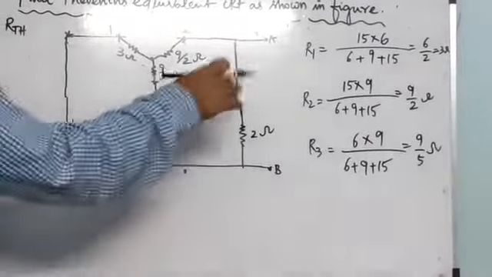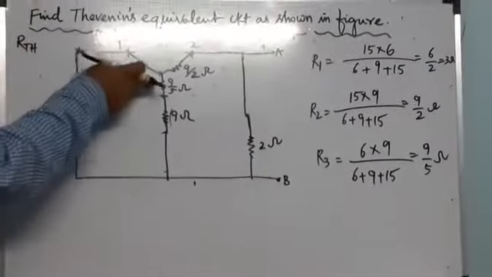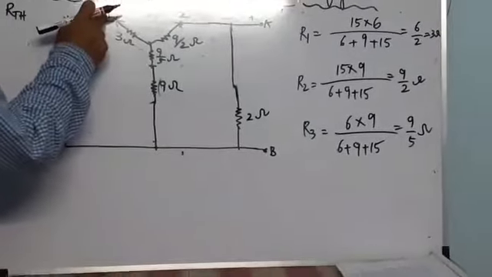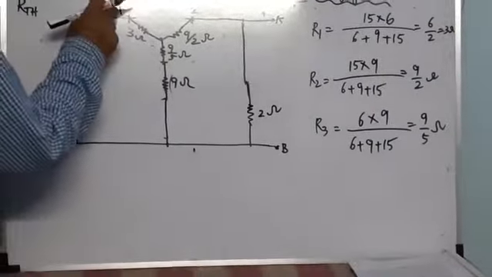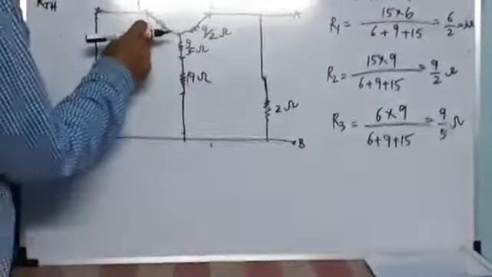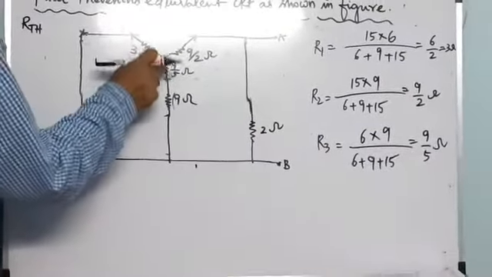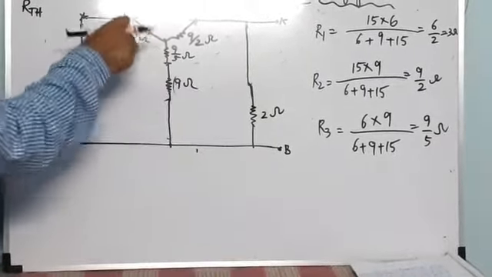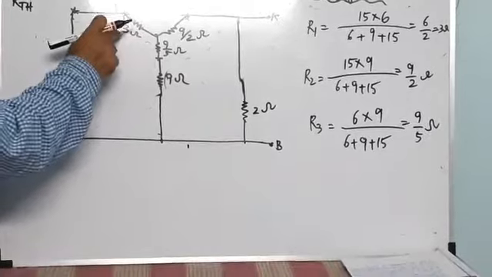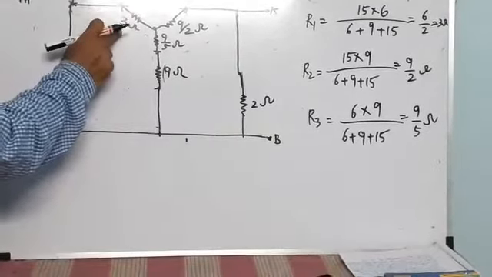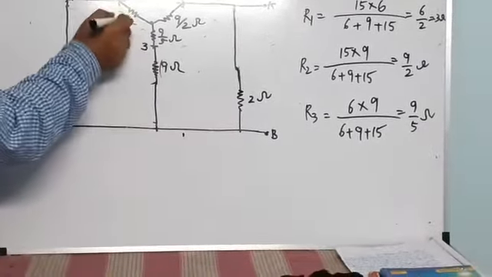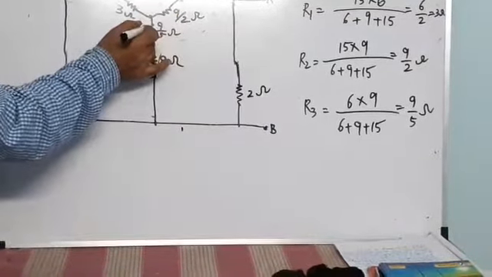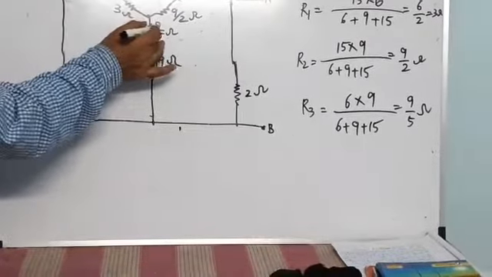Now we have the star values, so the delta is converted into star. Now put them in: where we fixed 1 here, put the value of R1. Don't make mistakes, otherwise you will get wrong answers. So here is 3, R2 is 9 by 2 and R2 is 9 by 2, R3 is 9 by 5.